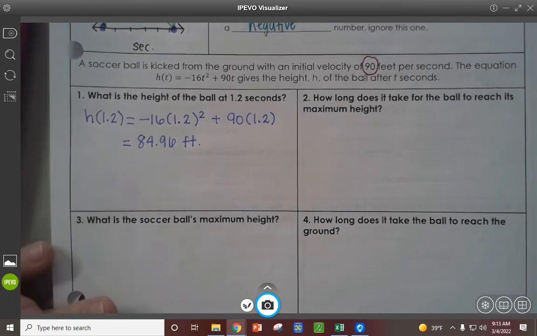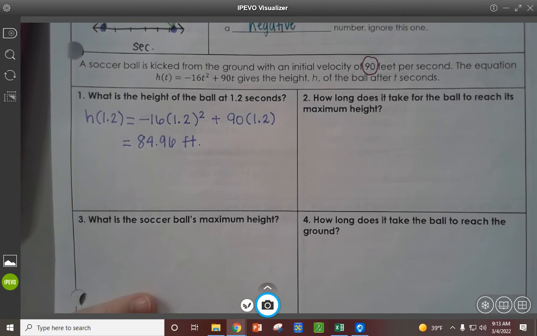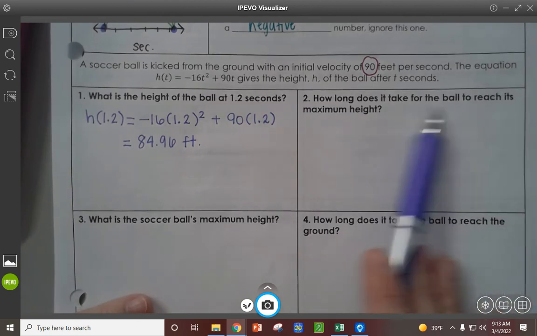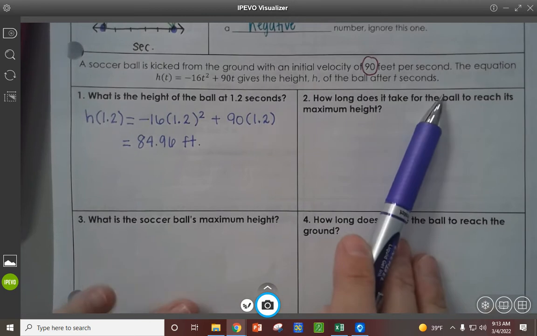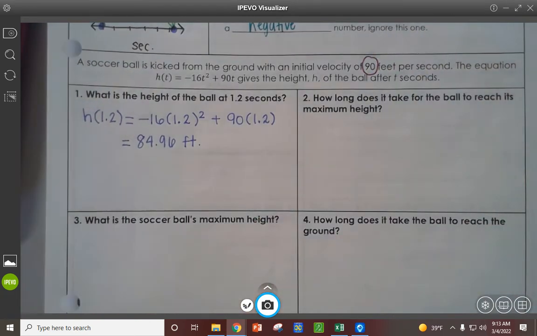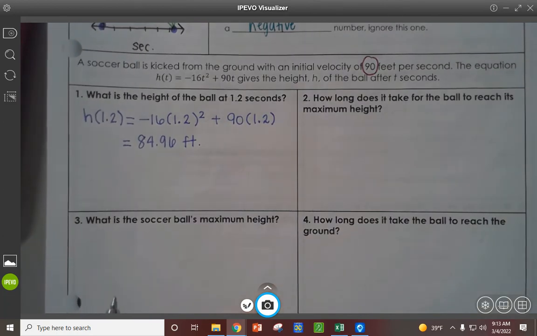Number 2, how long, so that's talking about the time, does it take for the ball to reach its maximum height? So look back up here towards the top and see how we're going to solve this one. How long it takes to reach the maximum height. What are we actually finding? The x value.